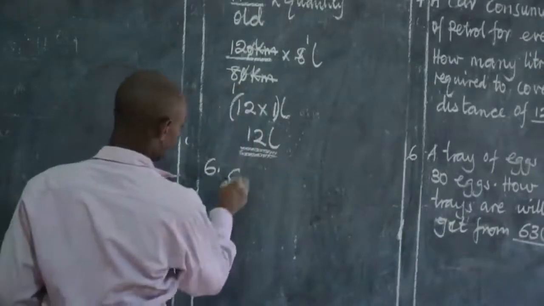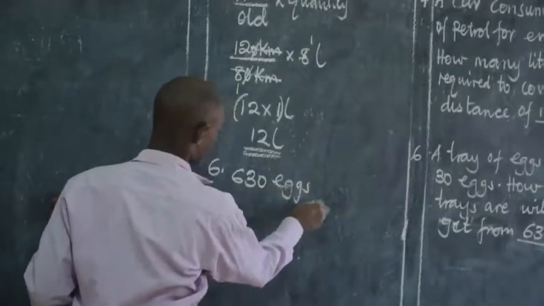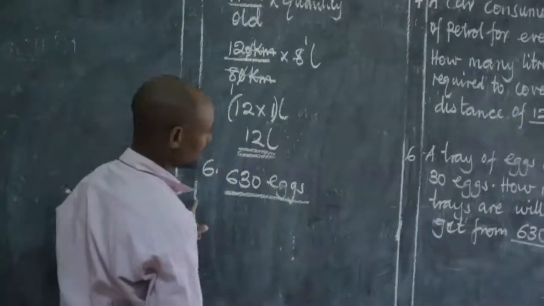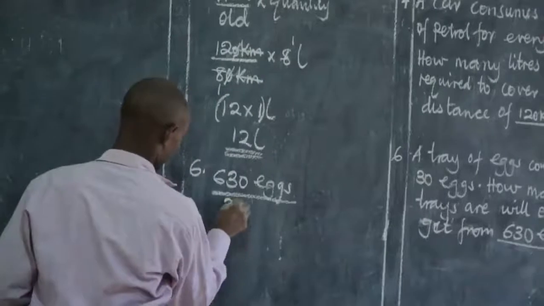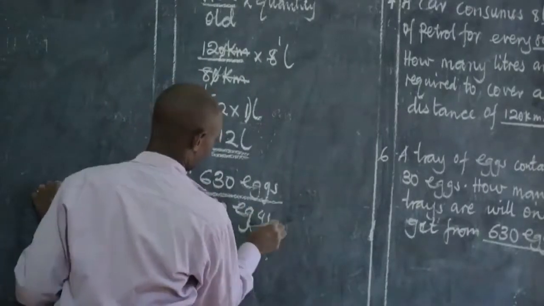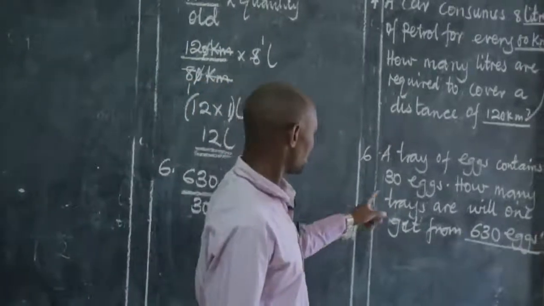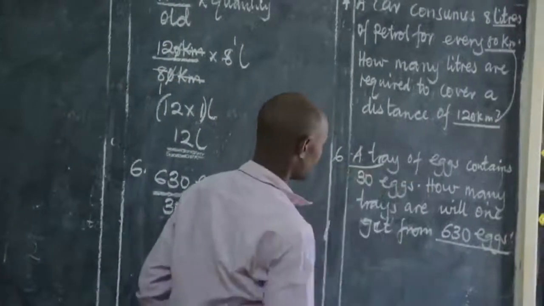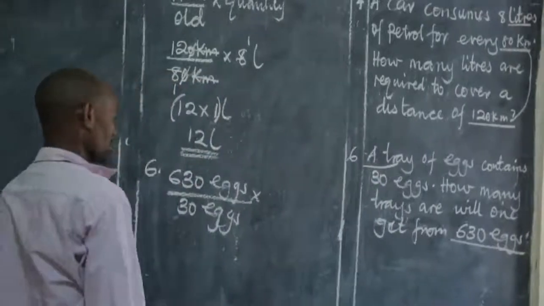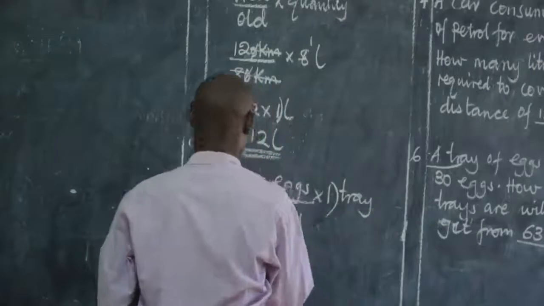So 630 eggs becomes new. You divide by, a tray has 30 eggs, then times the quantity, and the quantity is a tray. So when I say a tray, how many trays are those? 1. That is 1 tray.